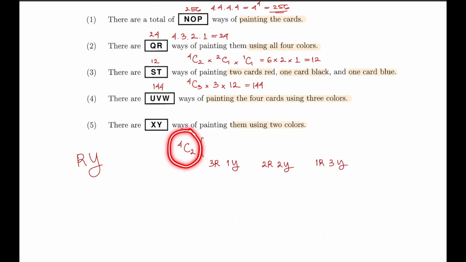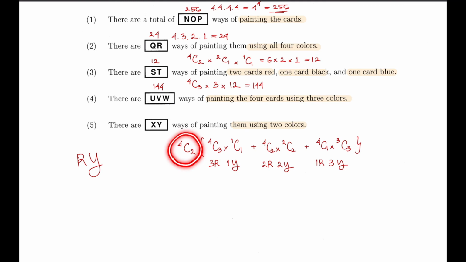For 3 red, 1 yellow, we have 4 cards and we have to choose 3 and give them red color: 4C3 times the rest, 1C1, plus 4C2 times 2C2, plus 4C1 times 3C3.